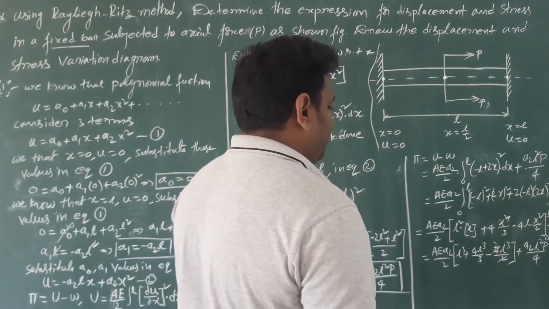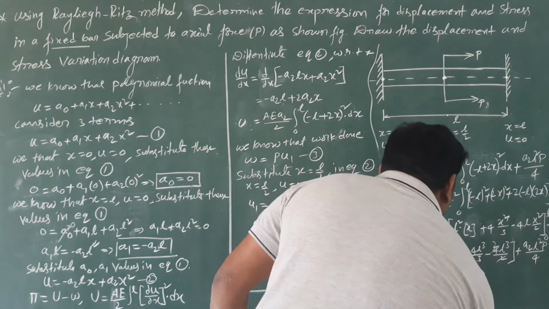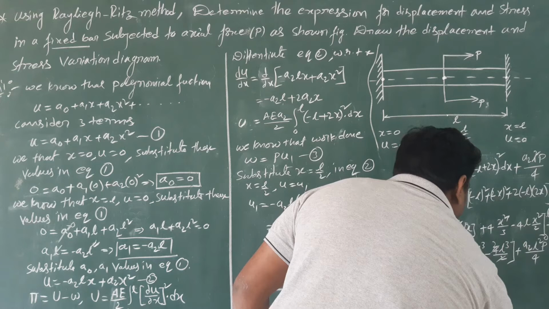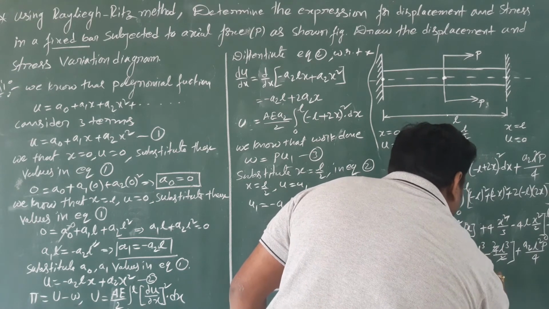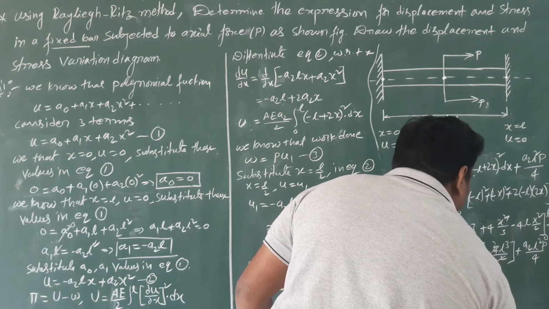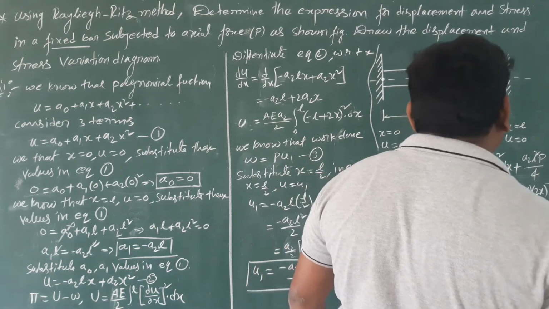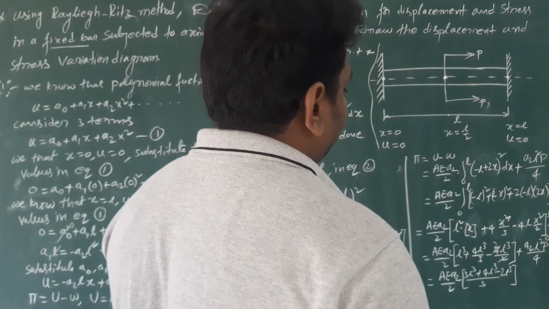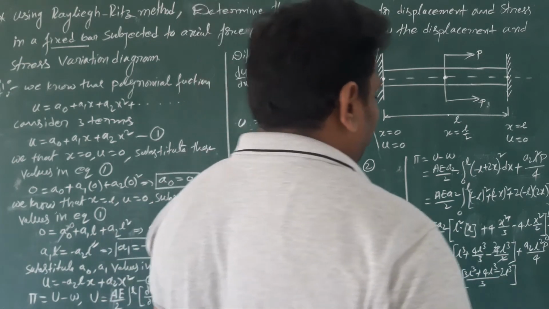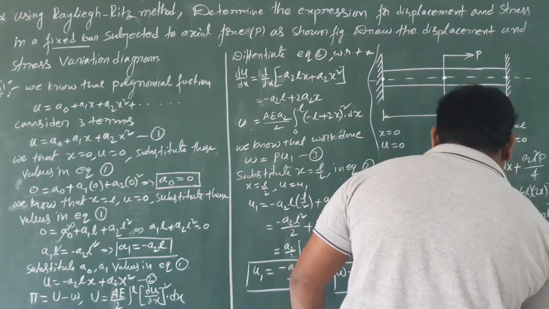So finally we got A2 by 2 into, so the LCM here is 3 L cube plus 4 L cube minus 2 L cube, plus A2 L square P by 4.